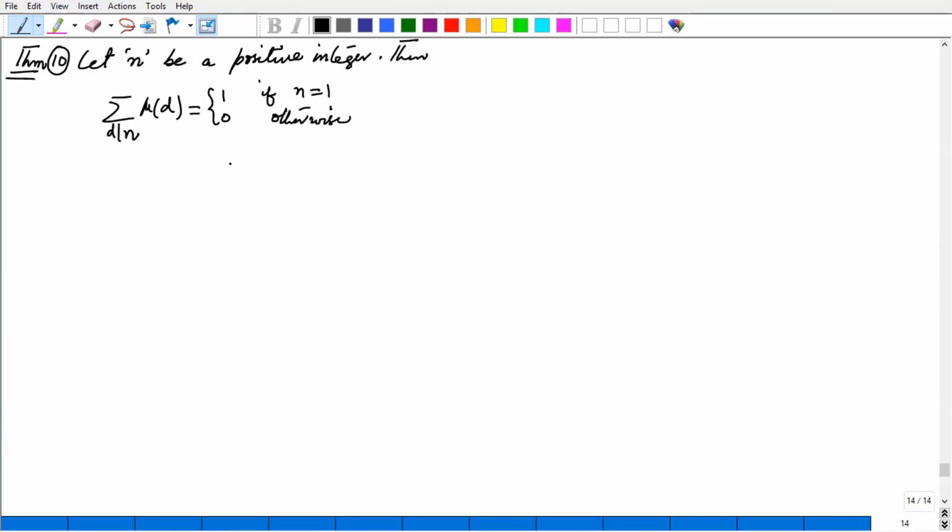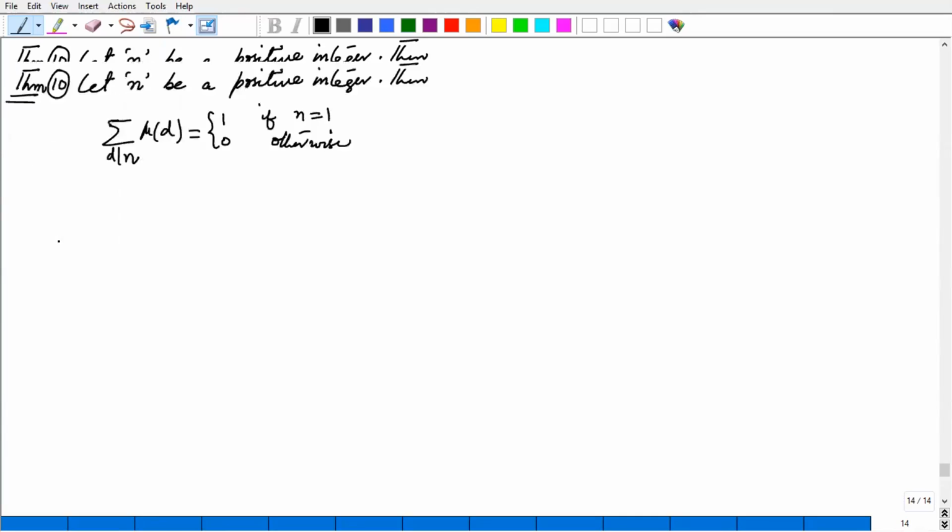Okay, so now we can define the sum of the Mobius function that runs over the divisors of n. So this could be either 1 or 0.